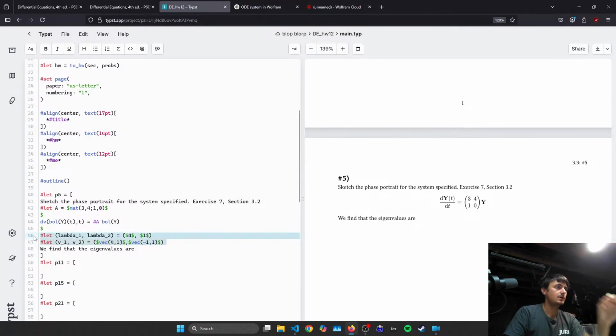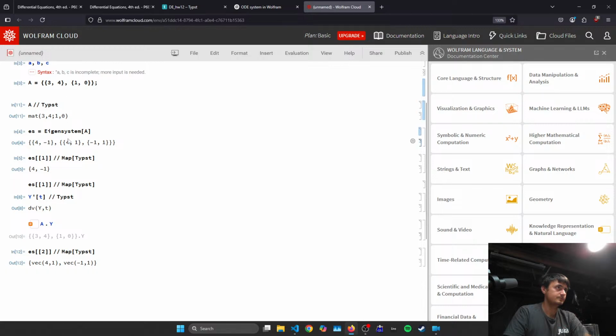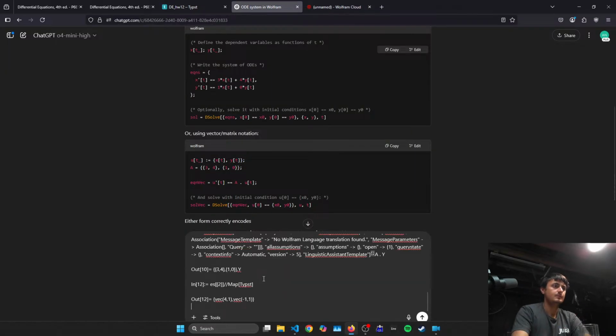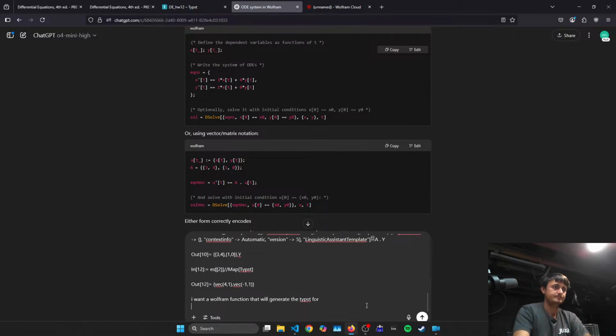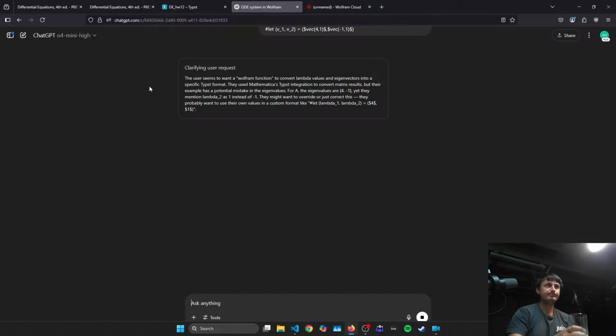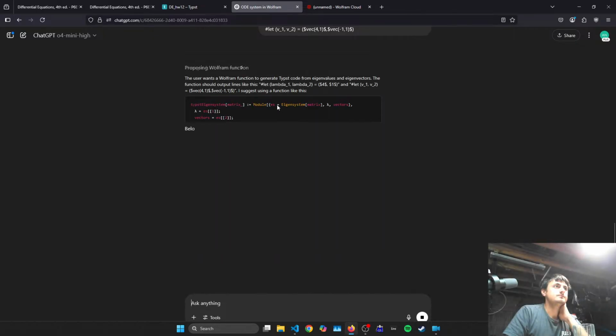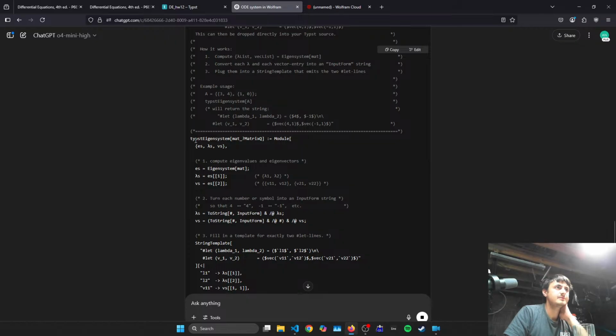Okay, so I want a function, a Wolfram function, that will generate the types for Typst eigensystem.